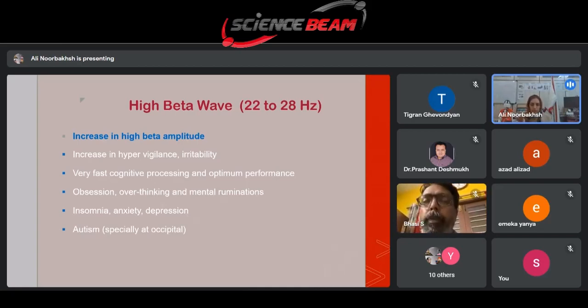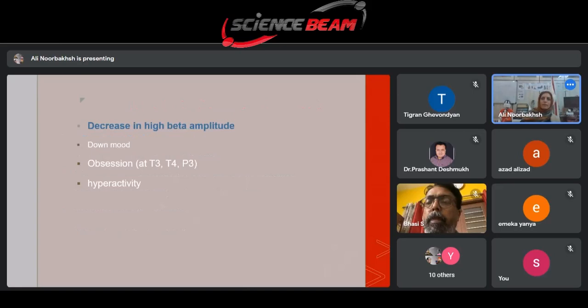In autism, especially at occipital, we can see increased high beta or increased theta, unlike ADHD. Decrease in high beta amplitude is related to obsession, hyperactivity, especially at T3, T4, and P3.